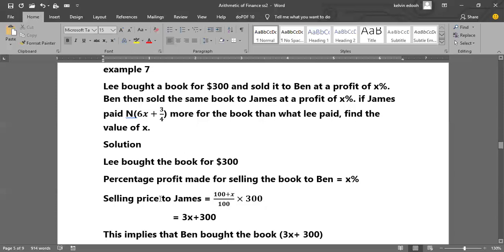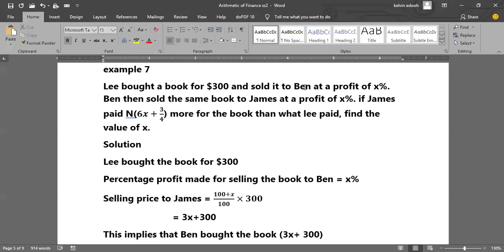Let me go over it again. This book cost 300 naira, isn't it? Lee sold it to Ben at a profit of X%. That implies that Ben's selling price is the cost price increased by X%.